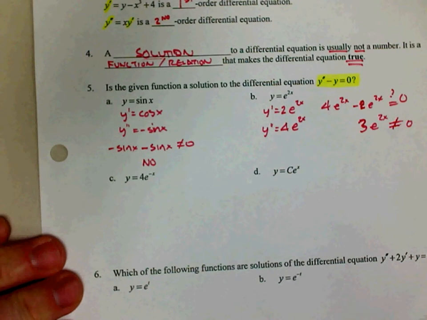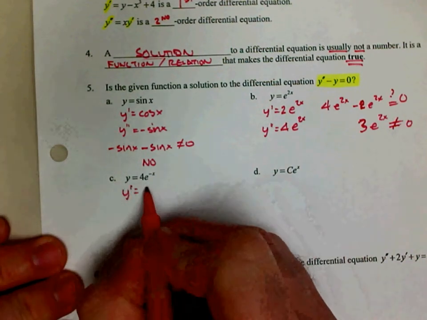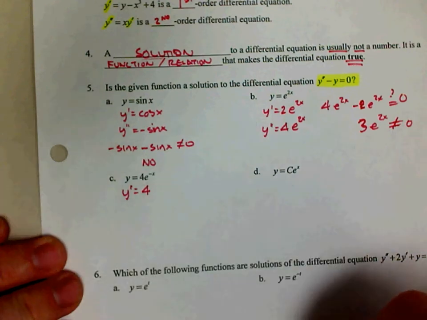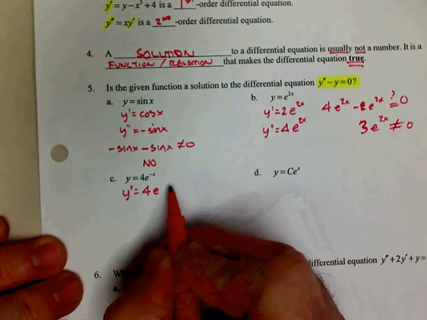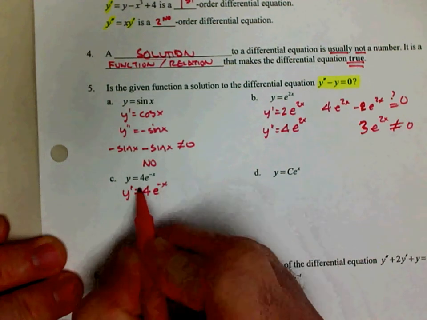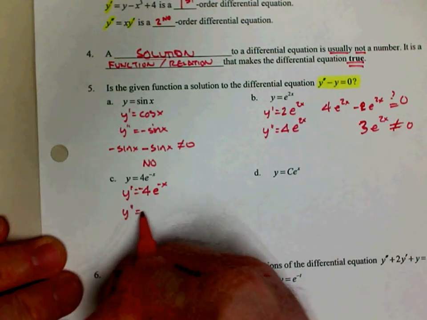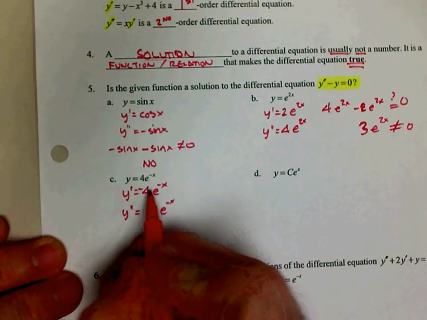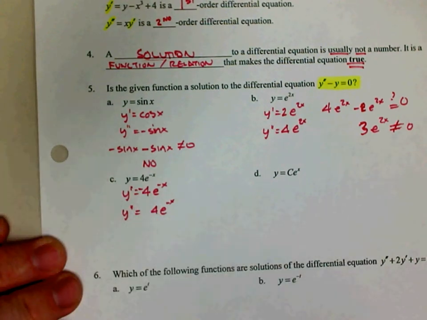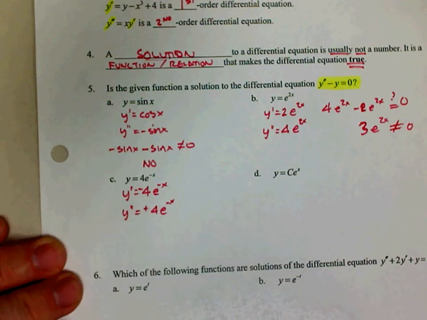Let's try our next one. In this one, y prime would be 4 times the derivative of this. Well, in this case, we have again chain rule, which is going to make this a negative 4e to the negative x. Take the derivative of that. Chain rule comes into effect again. So this negative 4e to the negative x becomes a positive 4e to the negative x.